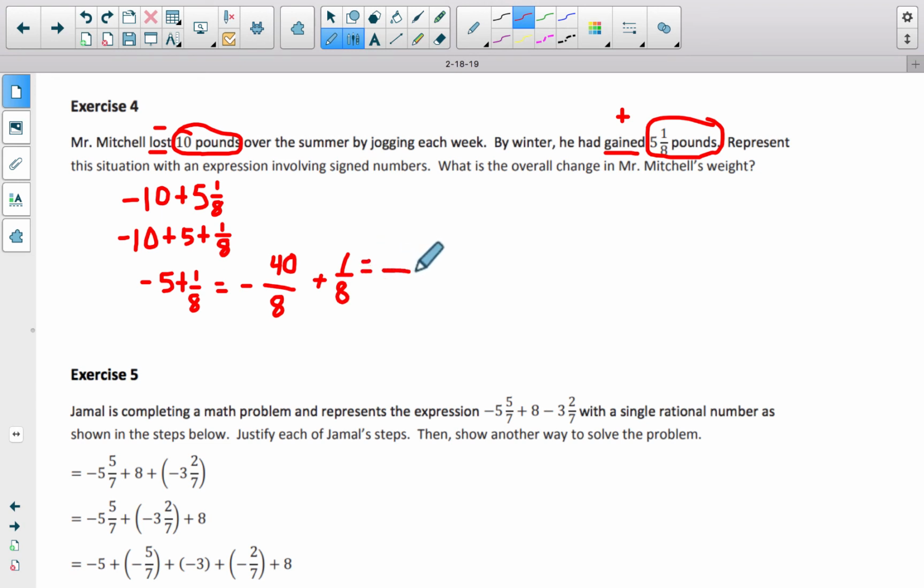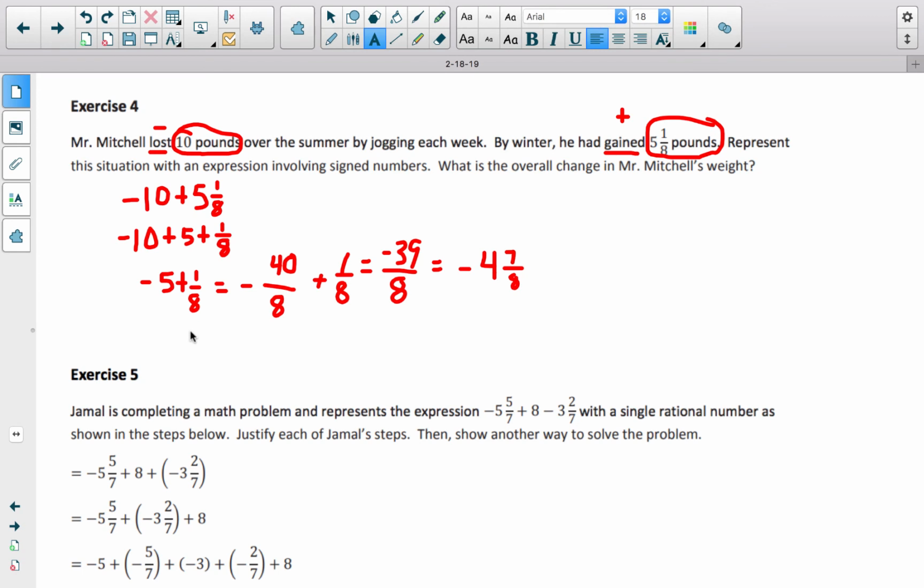Okay, that gets 8 in my denominator because it's going to stay the same. And -40 plus 1 is -39. 8 goes into 39 4 times with 7 left over. So that's where I'm getting my answer of -4 and 7/8. But hopefully, like I said before I showed you this, you just have enough number sense to know, oh, if I'm at -5 and I'm adding an eighth, I'm moving to the right on a number line by 1/8. So I'm at -4 and 7/8.